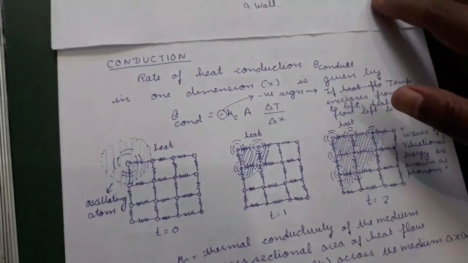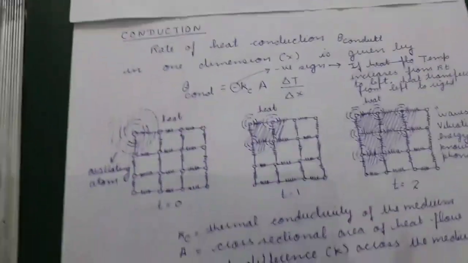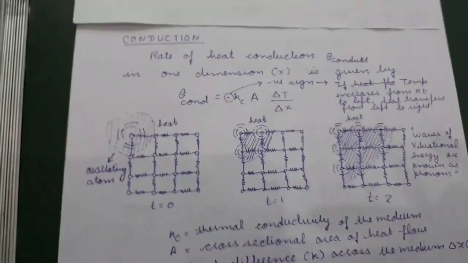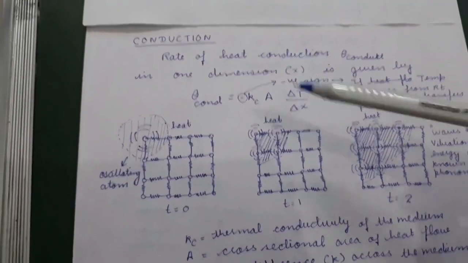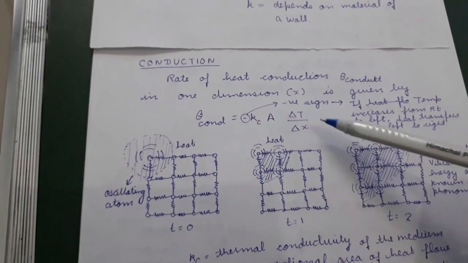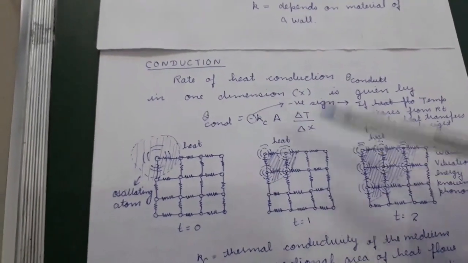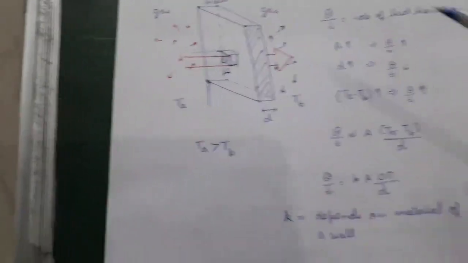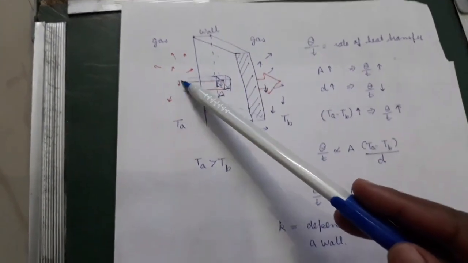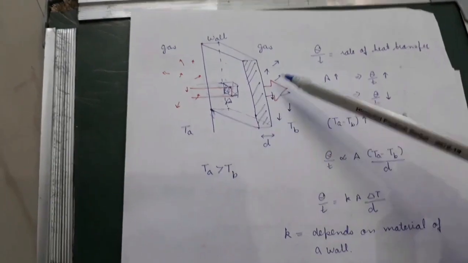Okay, so we have been studying heat conduction, and we will be discussing conduction and radiation in detail. The rate of heat conduction is given by Kc A delta T upon delta X. What is the origin of this relation? We can understand it here. Let us say heat is transferring from one side of this material to the other.